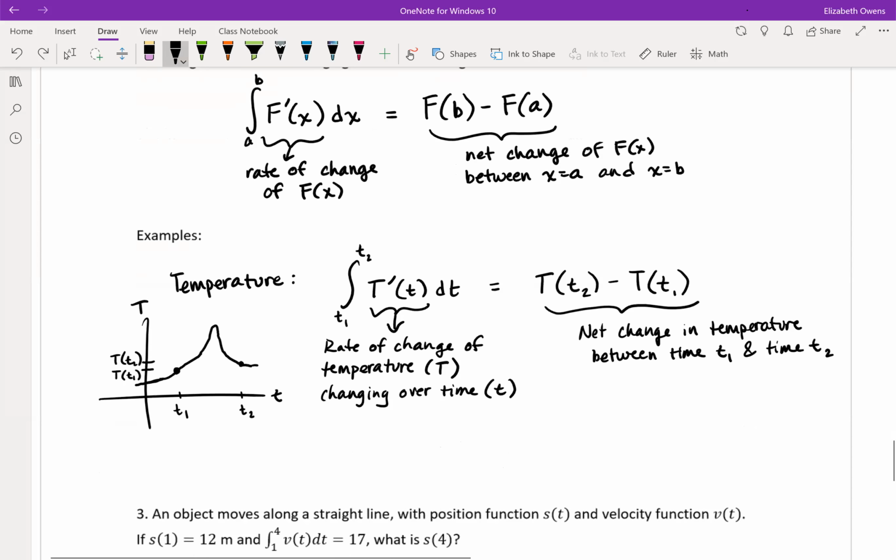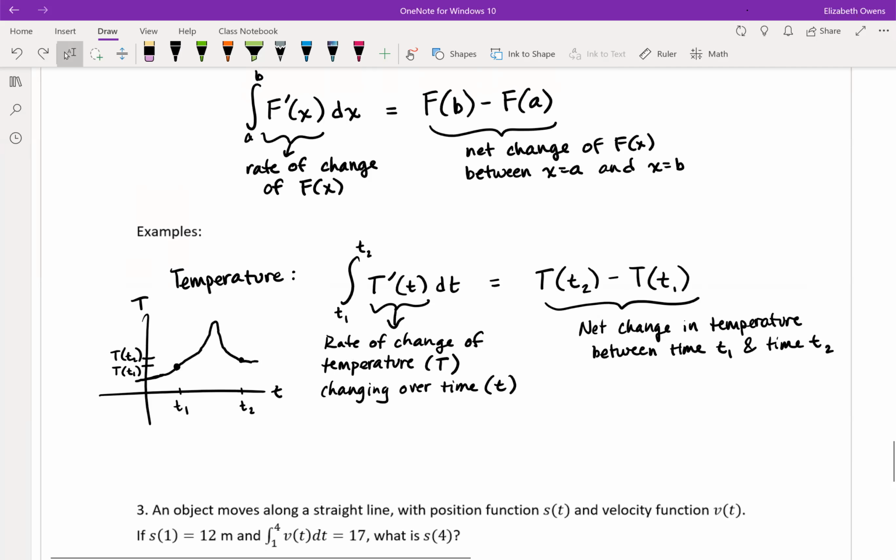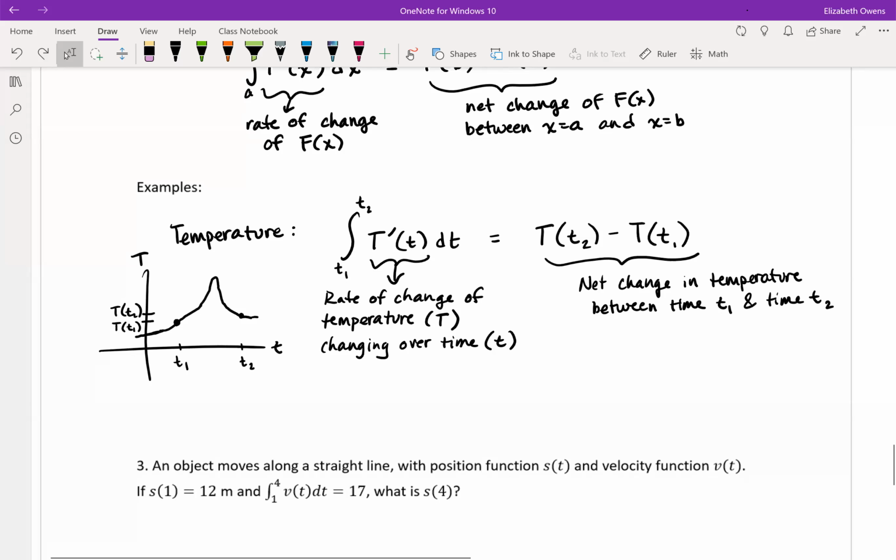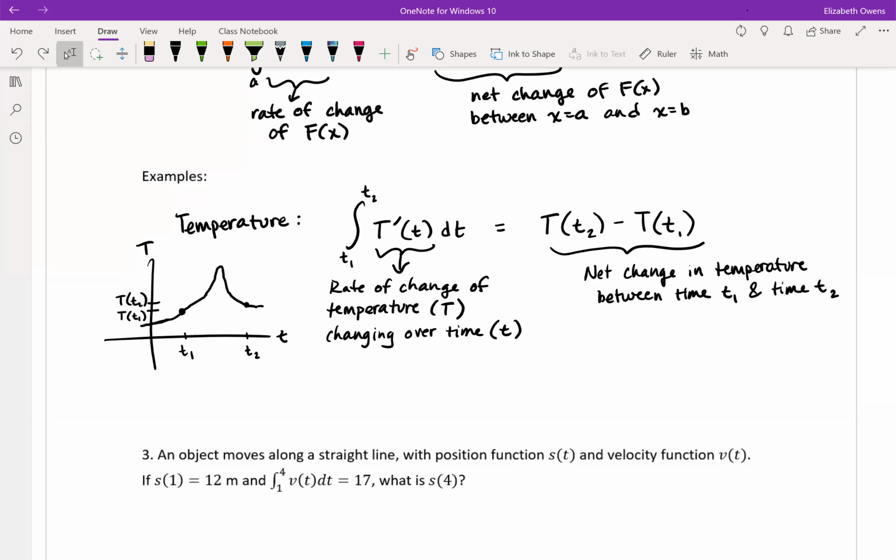So that's for temperature. The other one that we tend to look at is motion, and that's what our example is going to look at here. So to summarize really quick for motion, if we integrate between 2 points in time, t1, t2 again, notice how our problem is going to be looking at position and velocities.